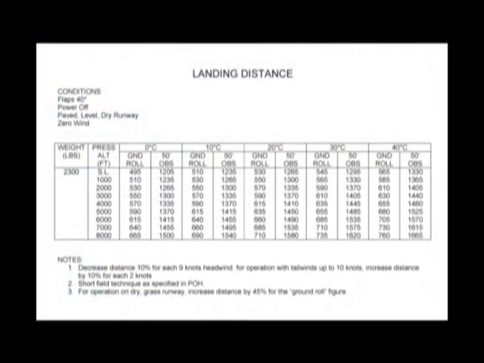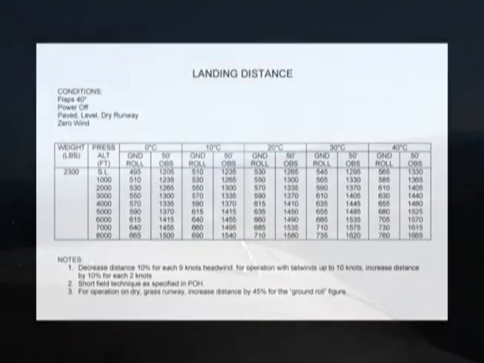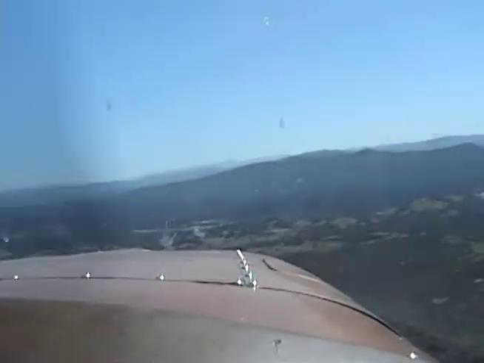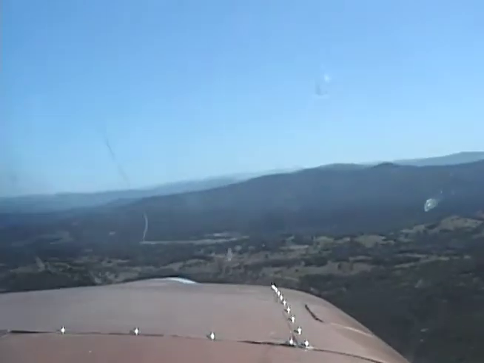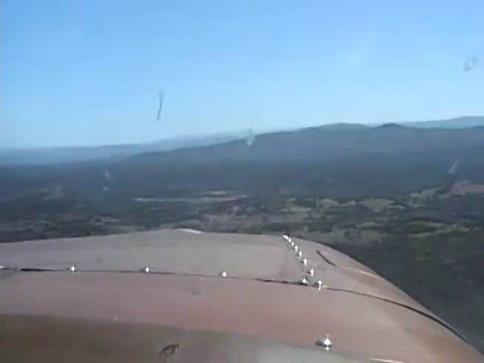Enter the table at the 2,000-foot pressure altitude row. Move right to the 40°C column and read the landing distance over a 50-foot obstacle of 1,405 feet. We'll add 10% for the downslope grade, just to be on the safe side. This results in a landing distance of 1,545 feet, certainly safe for our operations under the given conditions.